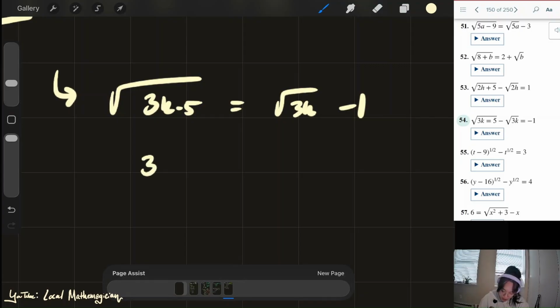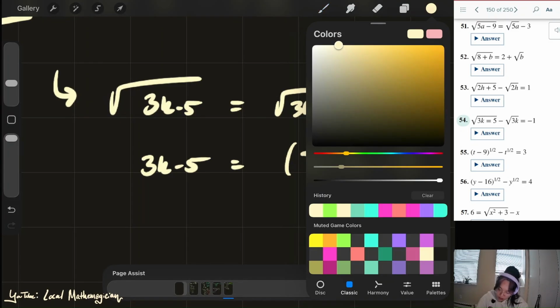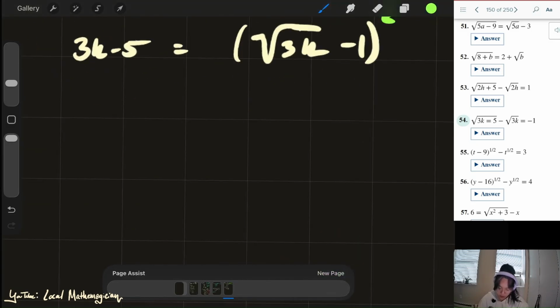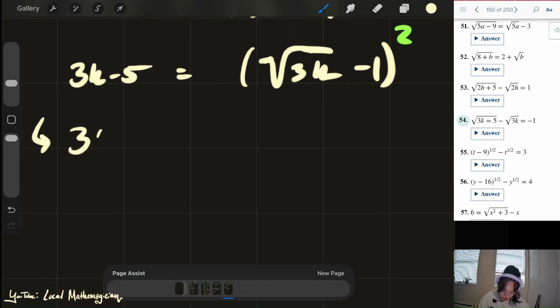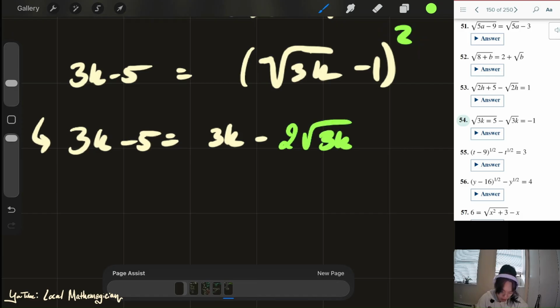Square both sides. This gives me 3k minus 5 is equal to root 3k minus 1, the whole thing squared, right? And what does that equal? We know how this works. This is a squared minus 2ab plus b squared. So a squared minus 2ab plus b squared.